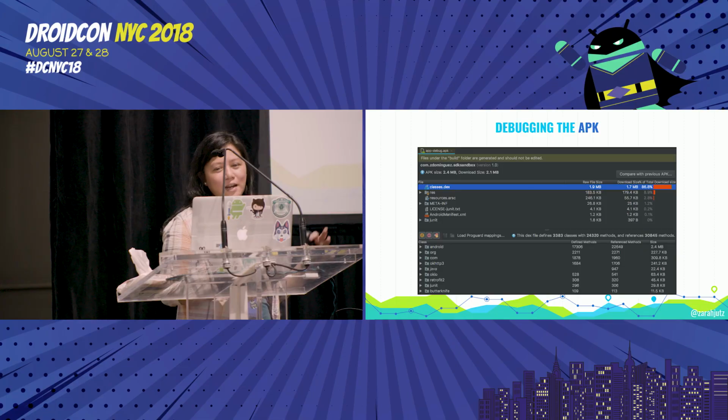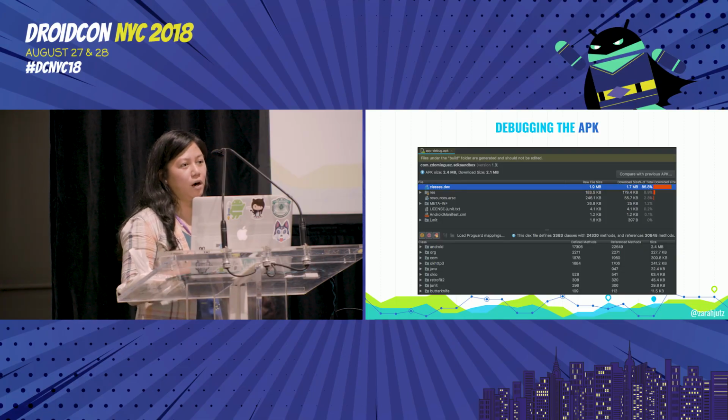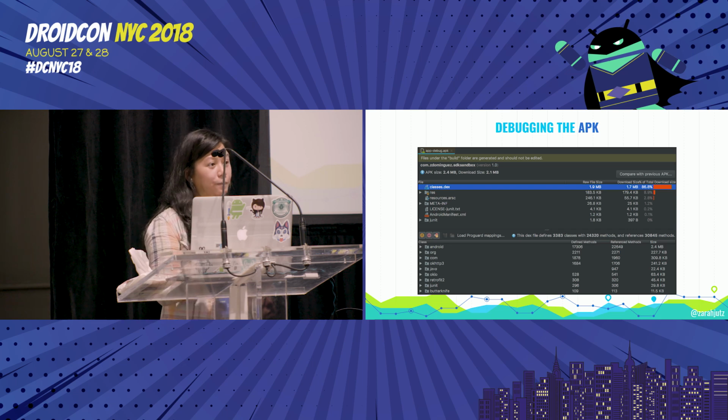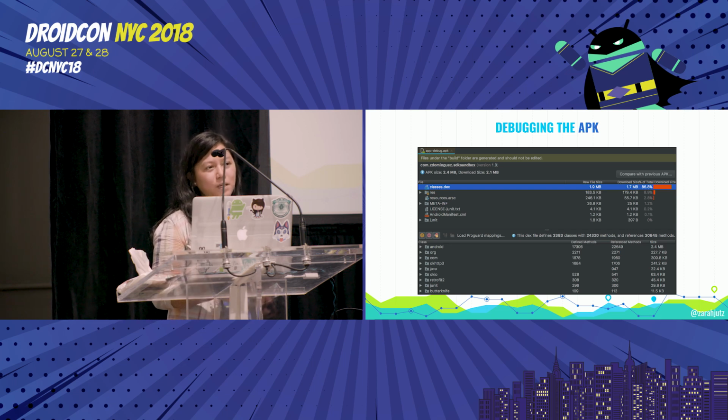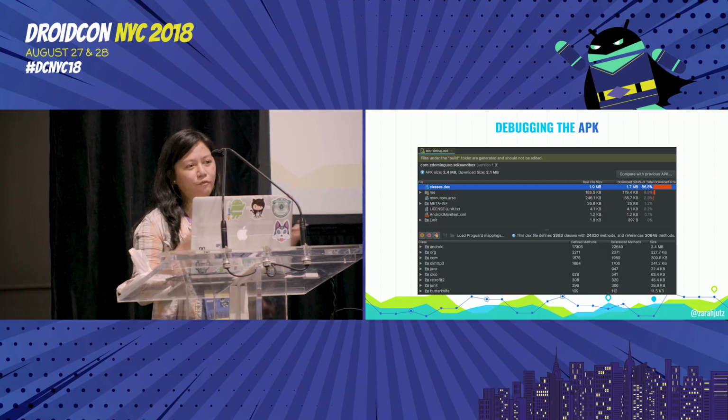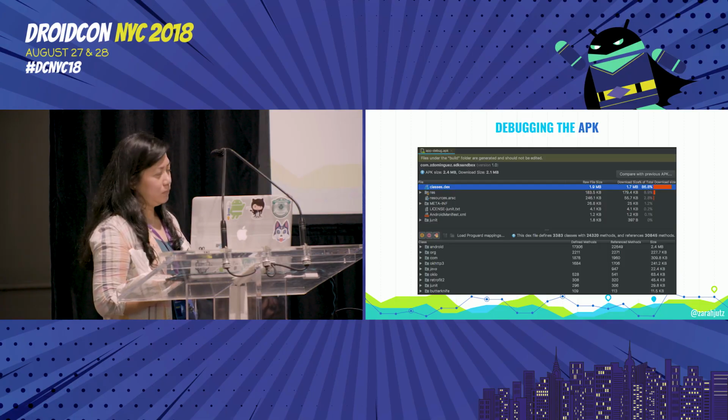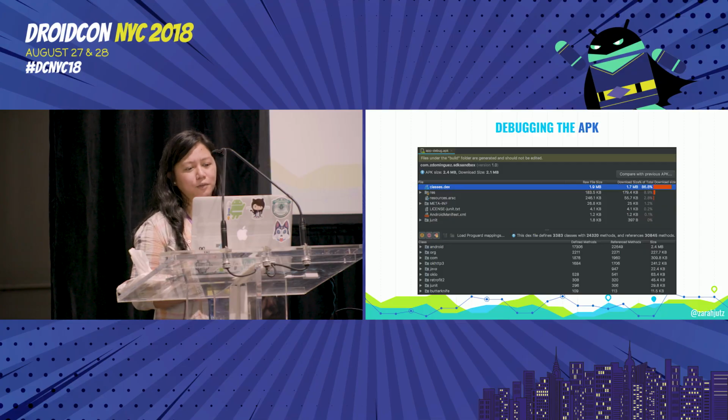It's a very simple tool, but it's really powerful, because if you are in that position where you are optimizing your app, be it for APK size or method count or for any other reason, the APK analyzer is a very helpful tool.